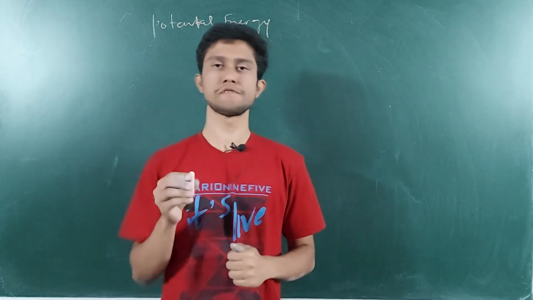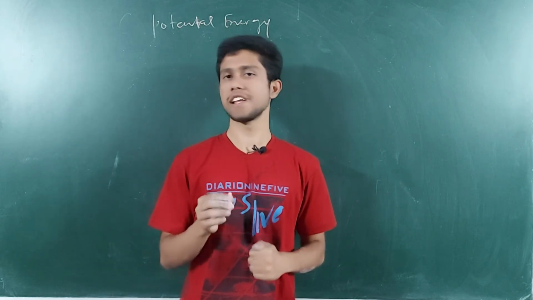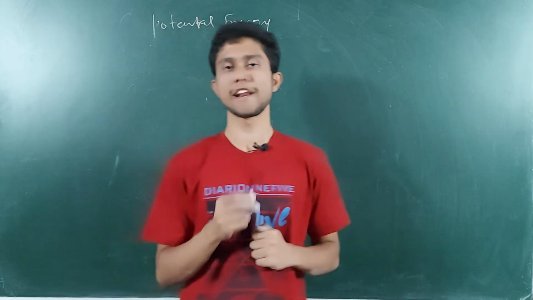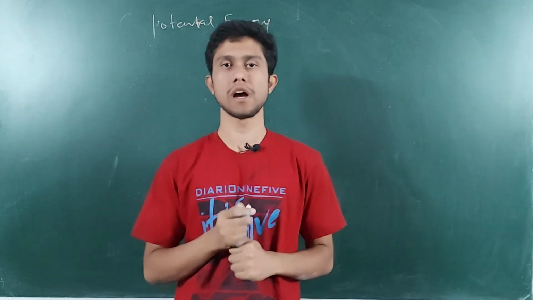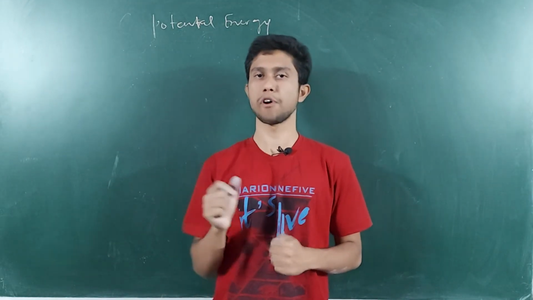What is the definition of potential energy? Potential energy is defined as the internal capacity of the body to do work by virtue of its position. So this position is now a very important term.